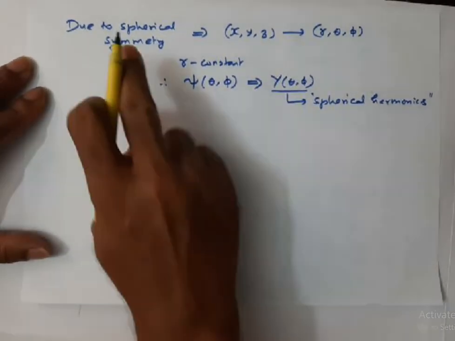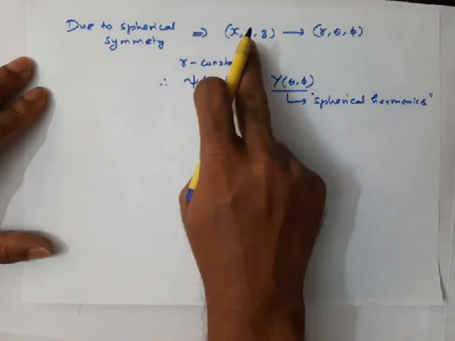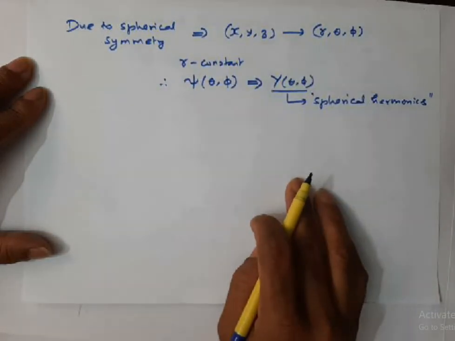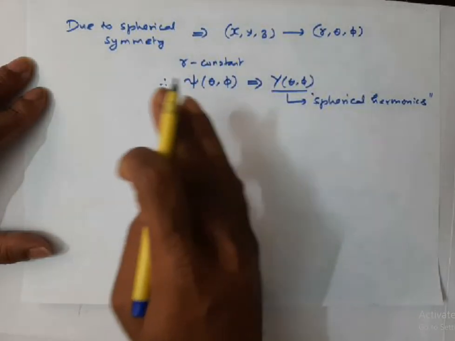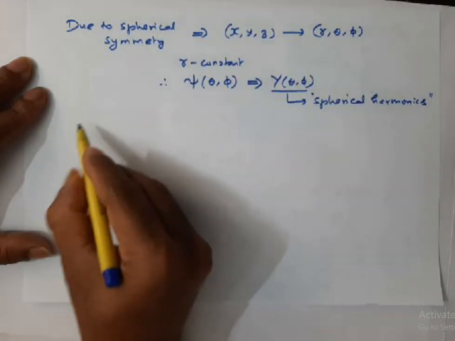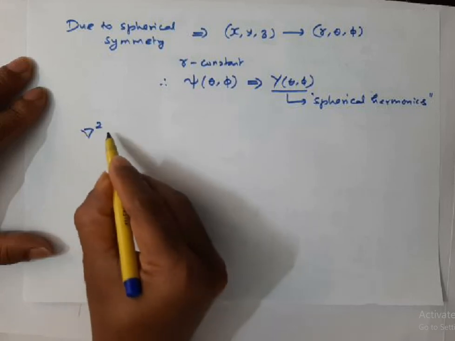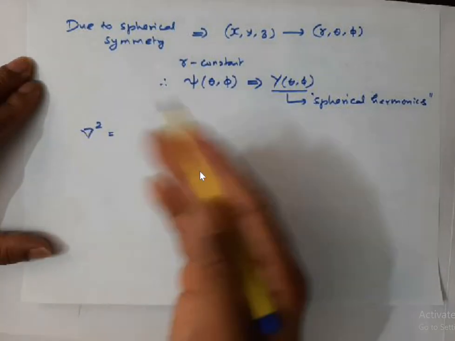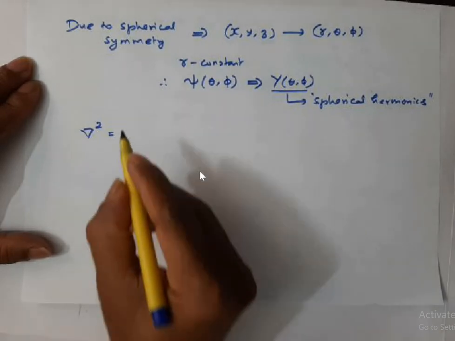Now, when you change the Cartesian coordinates into spherical polar coordinates, similarly you have to change the operators. Here the operator del square is in Cartesian coordinates. Now I am going to write del square in spherical polar coordinates.